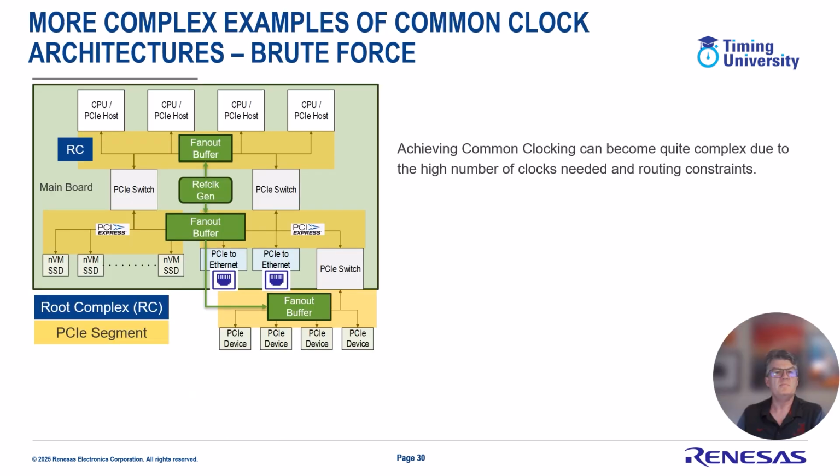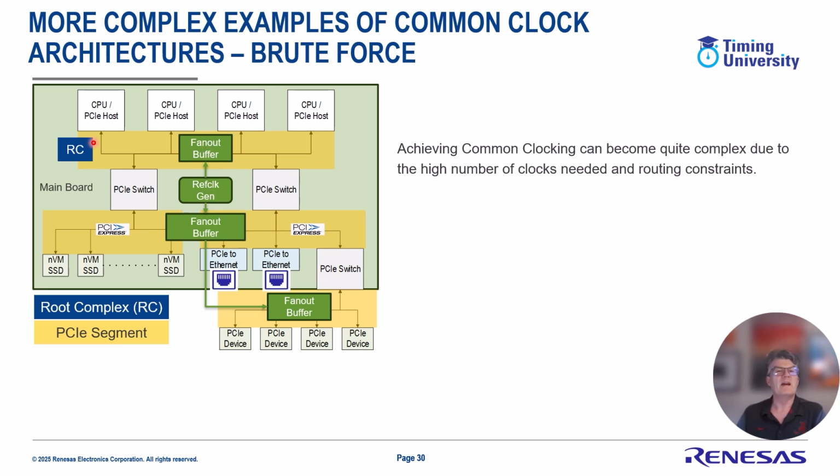Here we go back to our system where we have our root complex and our PCIe switches. And if we were to try to brute force this, we would have a reference clock generator. And again, that could be inside one of the SoCs, but I'm showing it discretely here for ease of drawing.